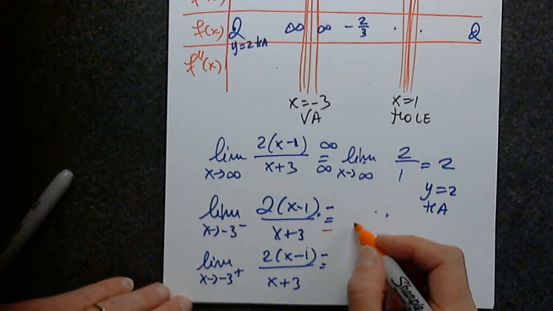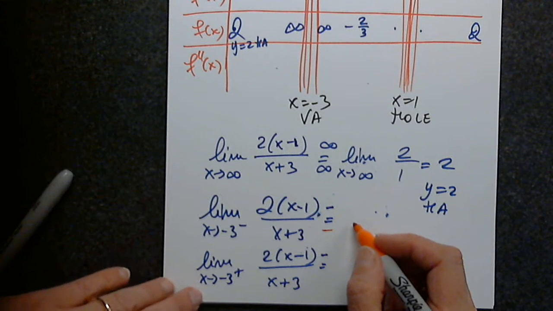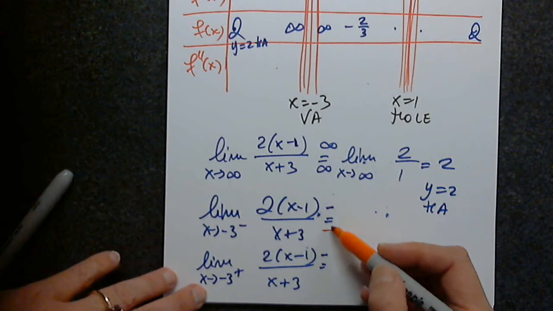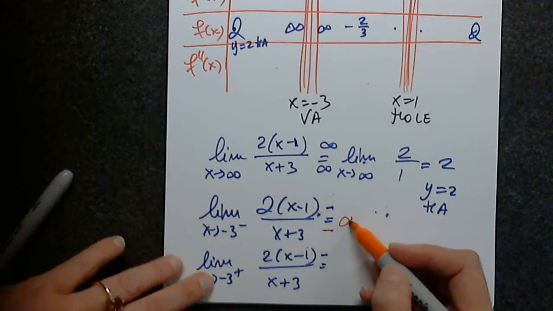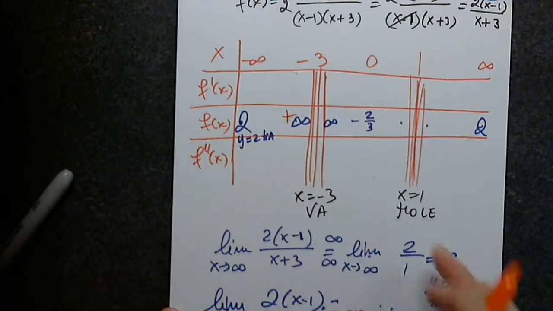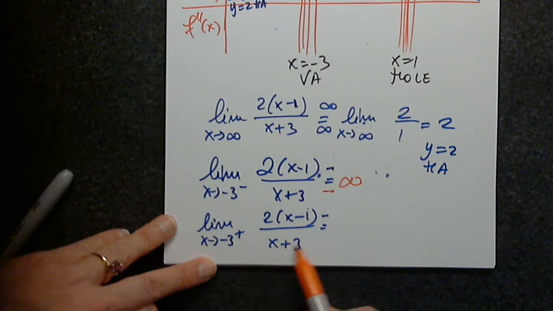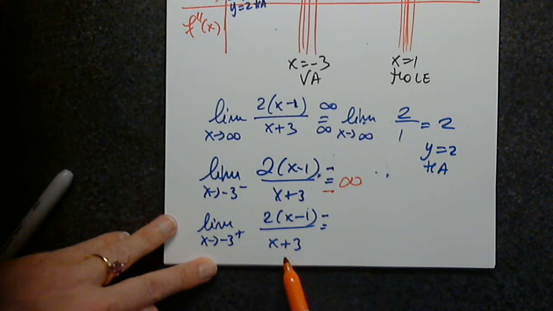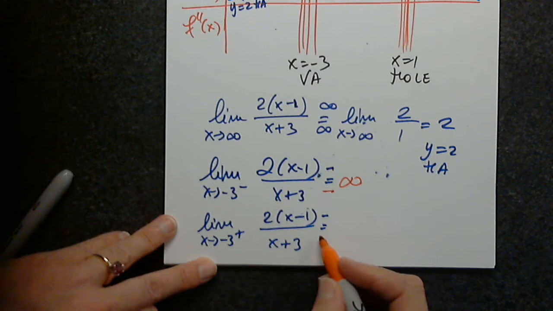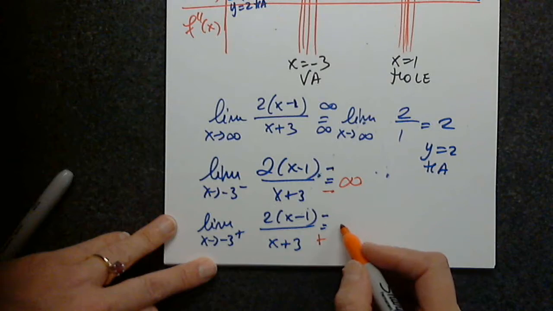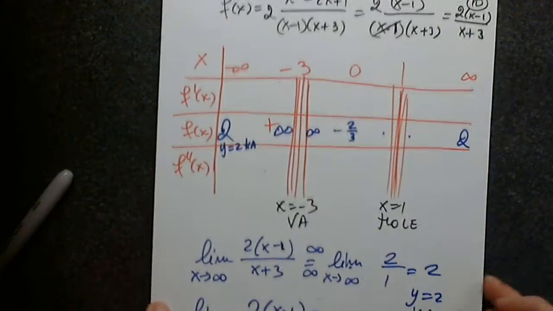Good, so the answer would be? Very good. Okay, so now let's plug in -2.9. The top is still negative. -2.9 for the denominator. Good, so the answer would be? Very good, awesome.